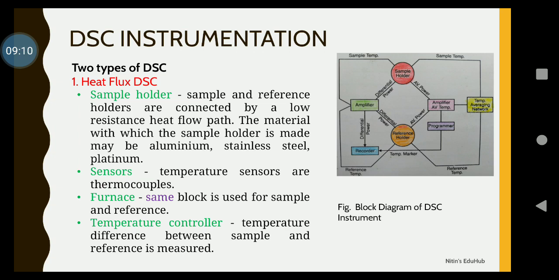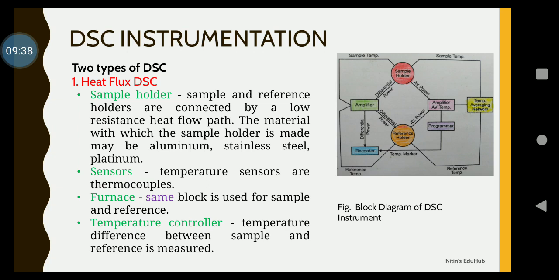Here in the figure is the block diagram of the DSC instrument. On the left hand side, we have the differential temperature control circuit, and on the right hand side, we have the average temperature control circuit.